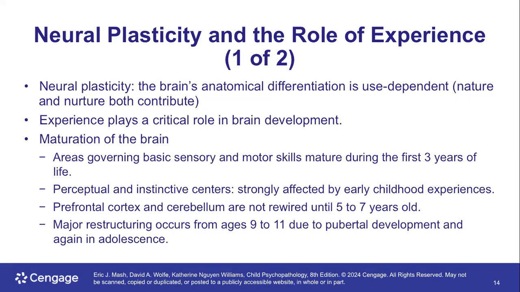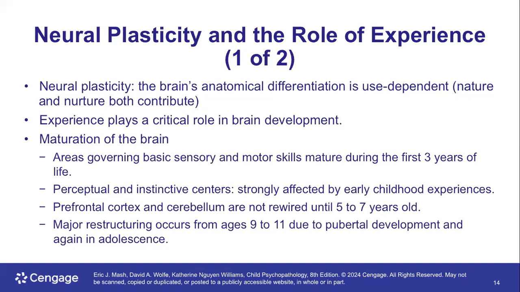And the neurons that were supposed to migrate to one side of the brain redirected themselves to another part. So that's when we say neuroplasticity, it's malleability or flexibility or ability to adapt to environmental factors. So we do see experience matters in brain development.